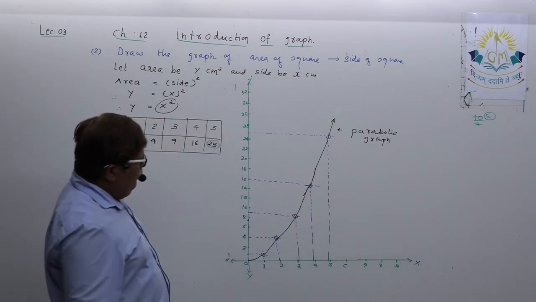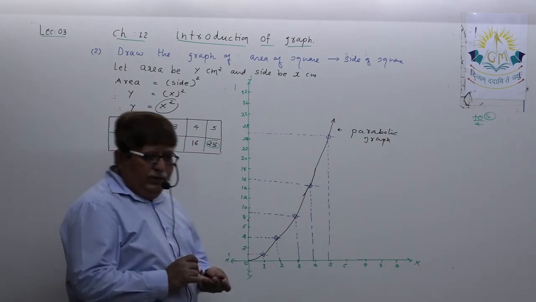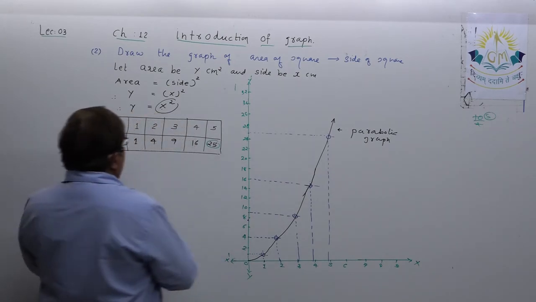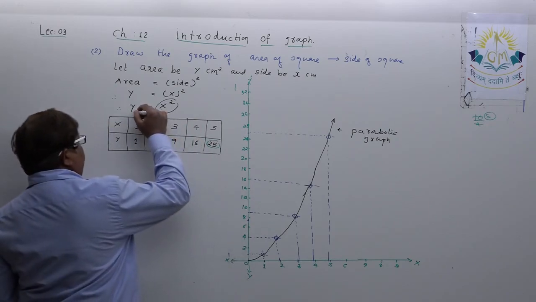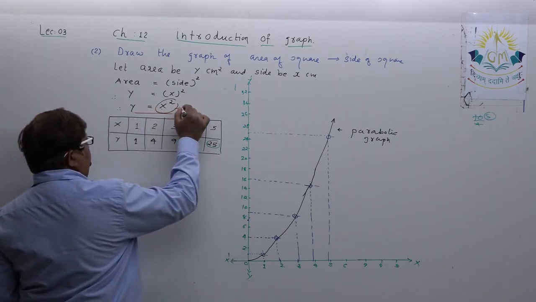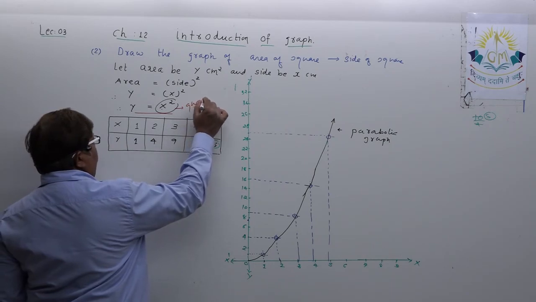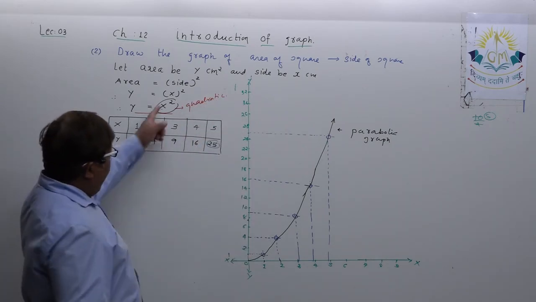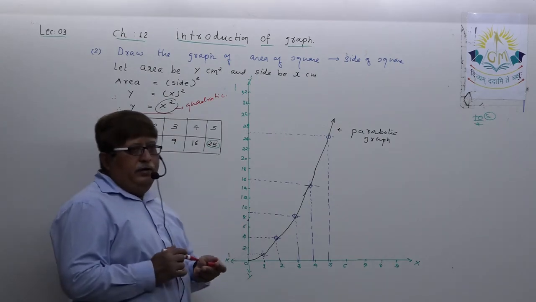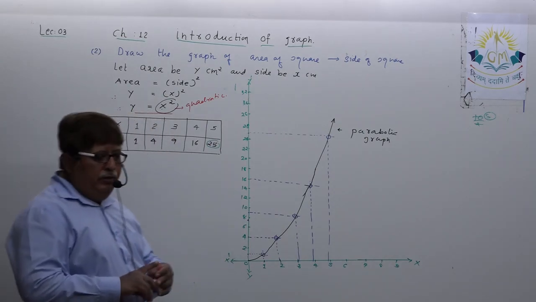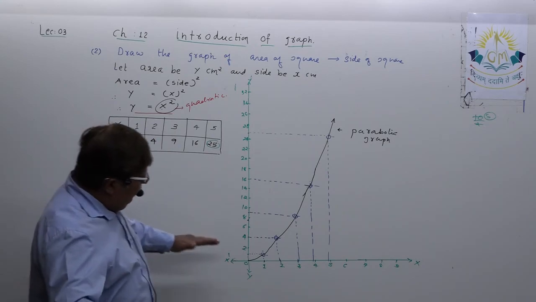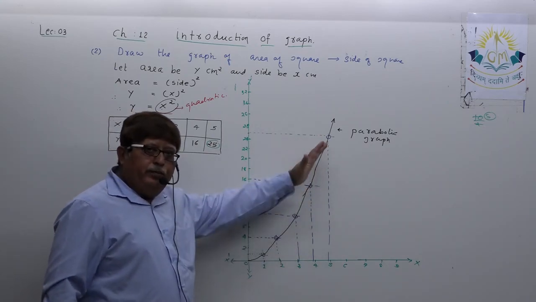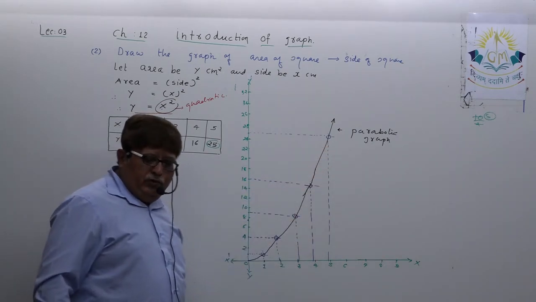Why is it a parabolic graph? Because the equation is not a linear equation, it is a quadratic equation, meaning quadratic type, square of the variable. Whenever there is a square of the variable, you will get a graph in this way. It looks like a half U-shaped graph, never a straight line.